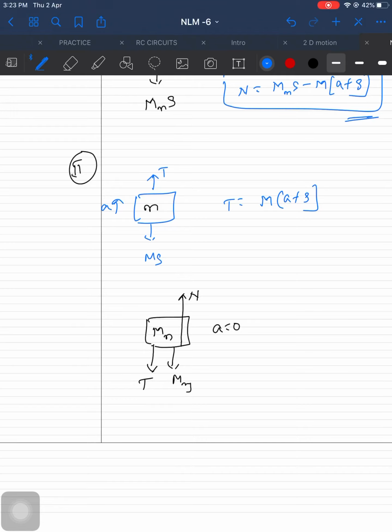Now the equation becomes N is equal to T plus mg, and N is equal to M into (a plus g) plus Mm g. This is the reaction in the second case.